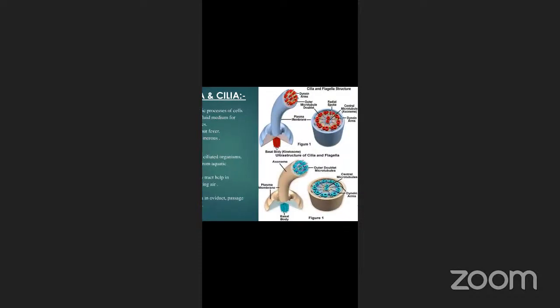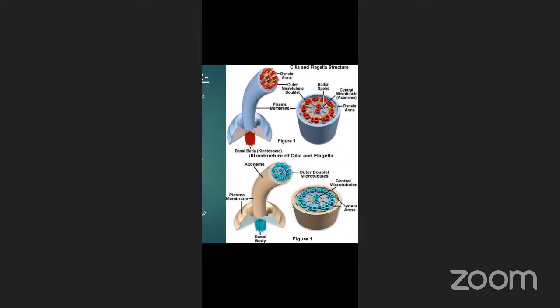Here you can see, in the upper one, there are some proteins called dynein proteins. We have the outer microtubule doublet, that is two microtubules forming a doublet, and we have radial spokes which connect them.